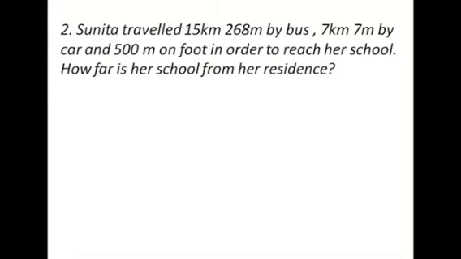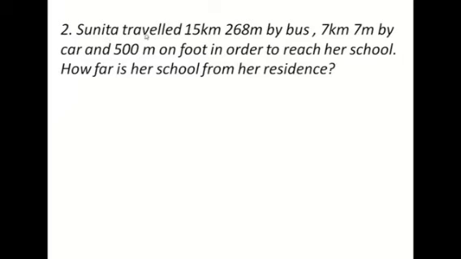Look at this sum. Sunita travelled 15 km 268 meter by bus, 7 km 7 meter by car and 500 meter on foot in order to reach her school. How far is her school from her residence?